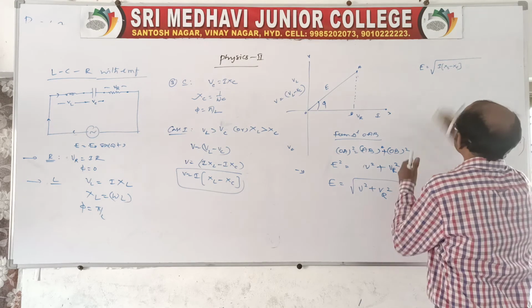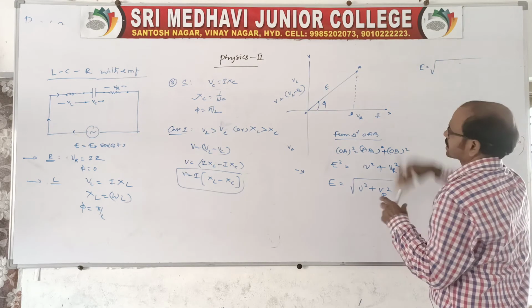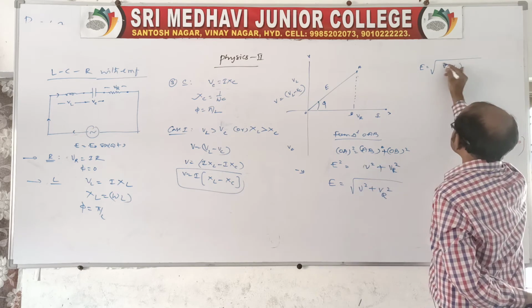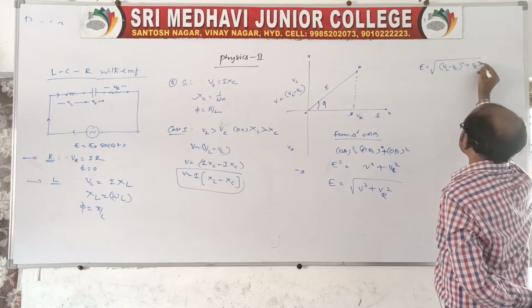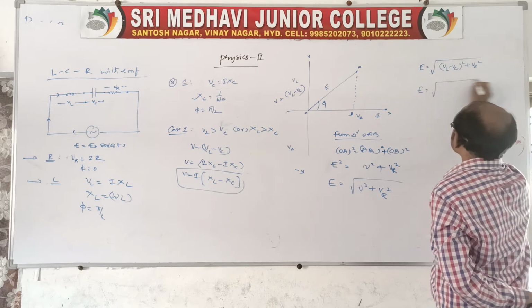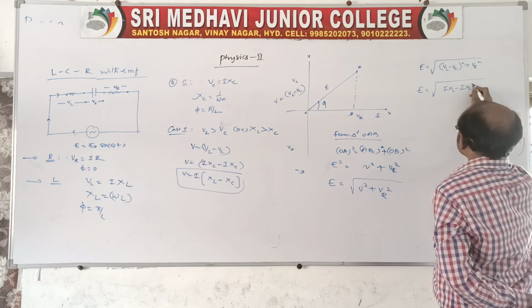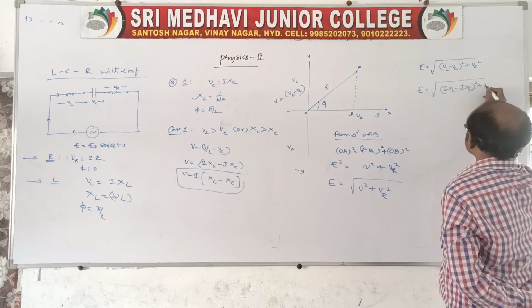Or you can write otherwise, first step you take like this one: root over (VL minus VC) whole square plus VR square. Now you go with this: root over (I into XL minus I into XC) whole square plus (I into R) whole square.